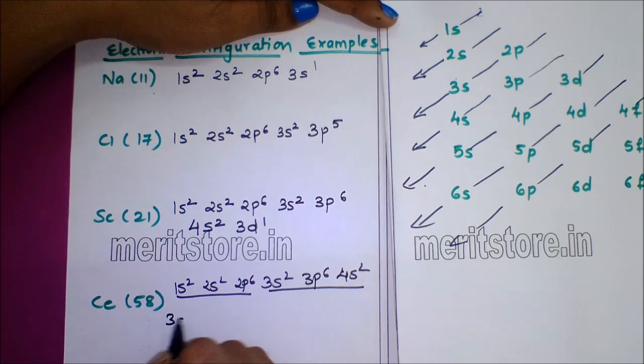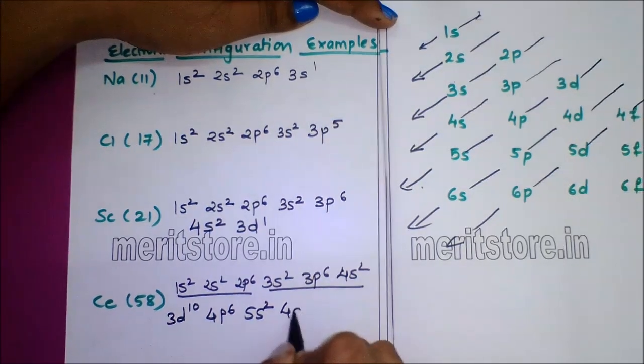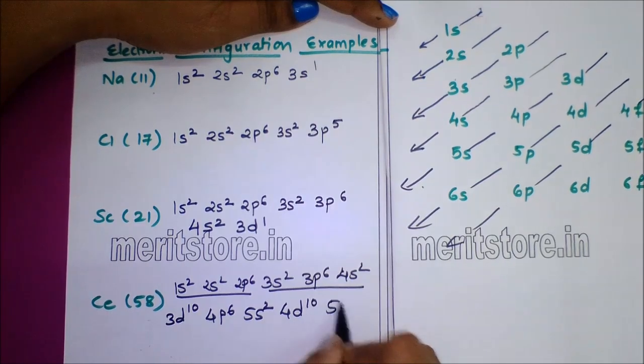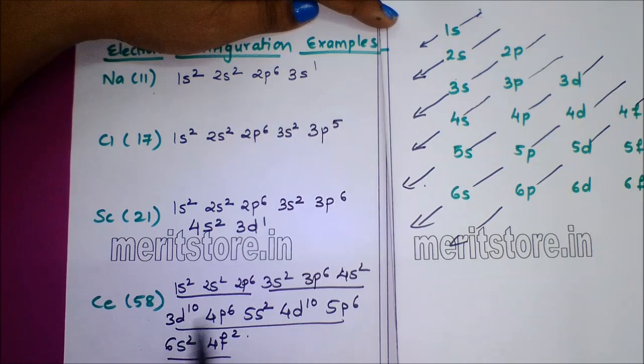Then it goes in 3d10, 30 electrons done. 4p6, 5s2, 4d10, 5p6, 6s2, and 4f2. So this is the electronic configuration of cerium. So we can see 10 plus 10, 20 plus 10, 30, 36, 38, 48, 48 plus 6, that is 54, 54 plus 2, that is 56, and plus 2, 58. So this way we can write the electronic configuration of different elements.